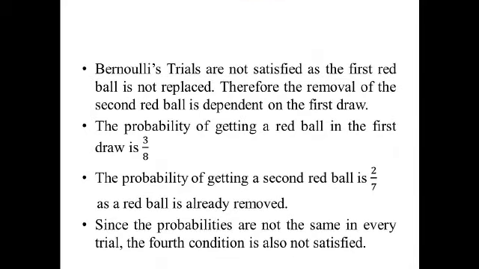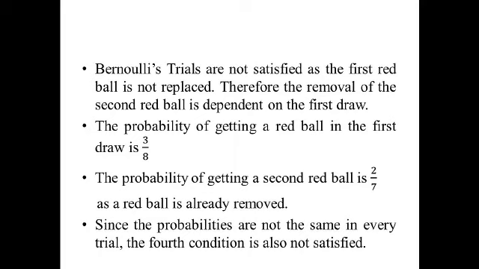The third condition of Bernoulli's trial states that the trials have to be independent of each other. However, the second trial is dependent on the first trial, as one of the red balls is outside the urn. So the drawing of the second red ball is now dependent on the first draw.